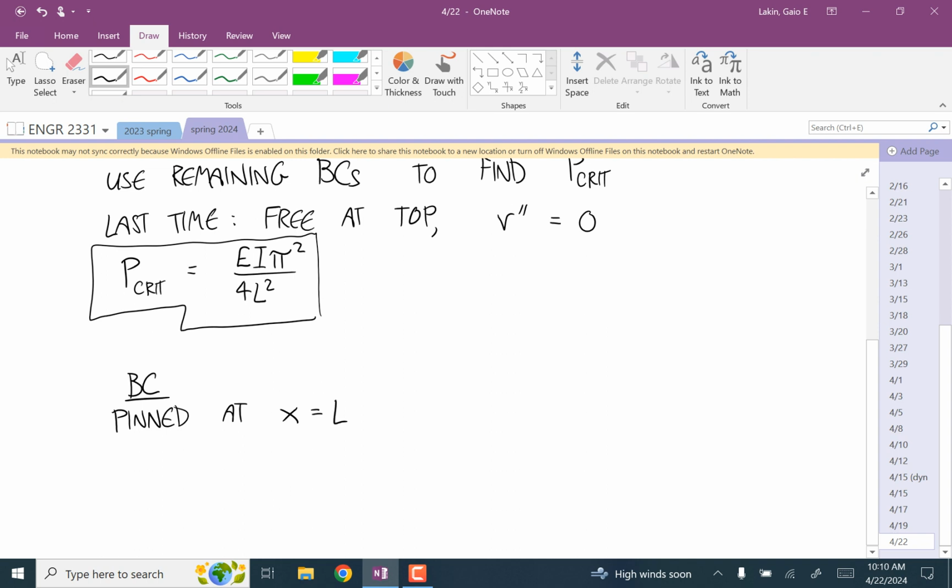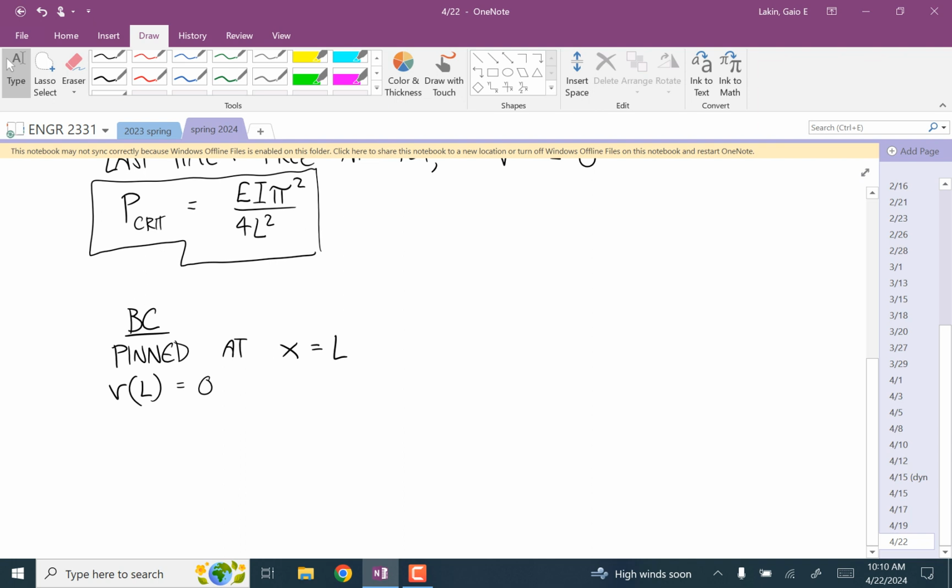If it's pinned at x equals L, what do we know about V if it's pinned at the top? V equals 0. So V at L is equal to 0.